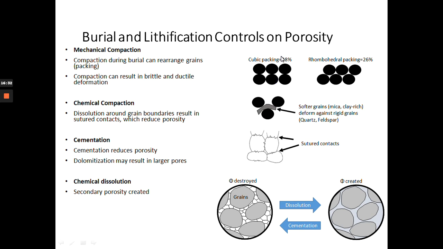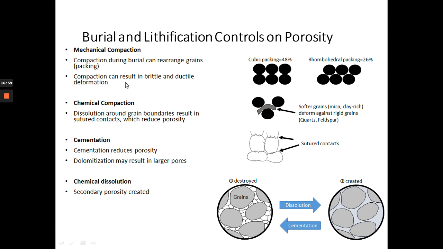Depending on the way the grains are packed, you get different porosities. If you have ideal perfect spheres arranged on top of each other like this, porosity will be 48%. But if you pack it in another way, let's say a rhombohedral packing arrangement, it will be reduced to 26%. So packing is important, and changes to packing are caused by mechanical compaction.